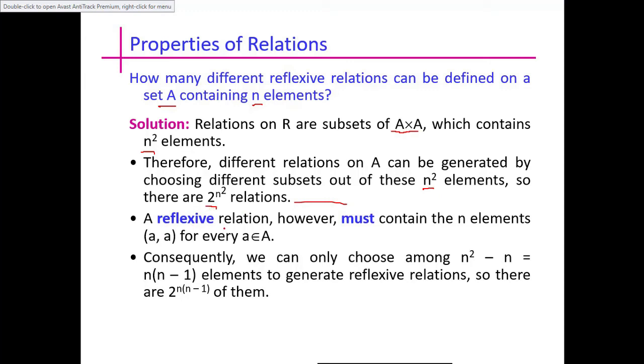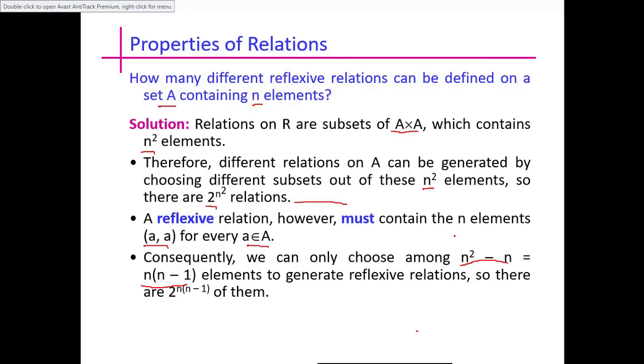Now we know that a reflexive relation, however, must contain the n elements (a, a) for each element a belonging to A. So after having this information, we say that consequently we can only choose among n square minus n elements, and that is n into n minus 1 elements, to generate reflexive relations.